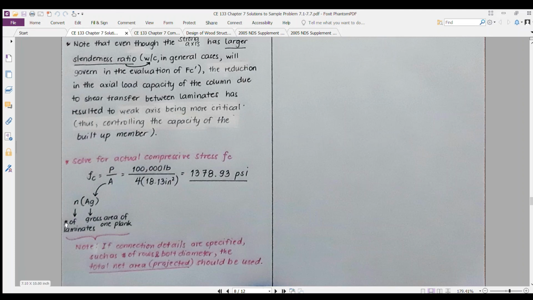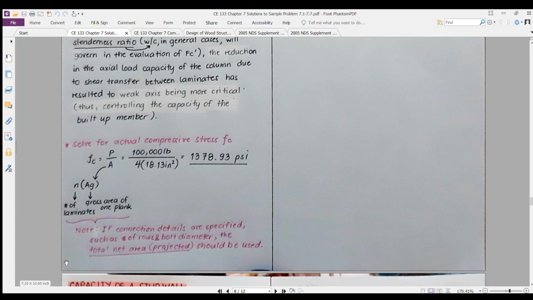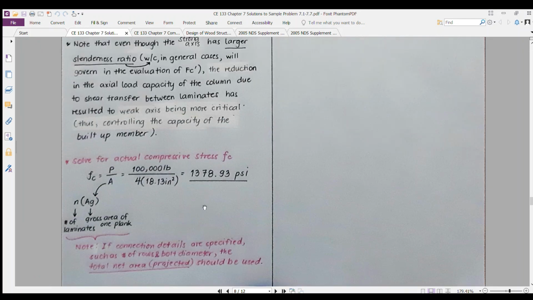Okay, so we have N represents the number of laminates. So if the connection details are specified, such as the number of rows and bolt diameter, the total net area projected should be used. So we have an actual compressive stress of 1,378.93 psi.